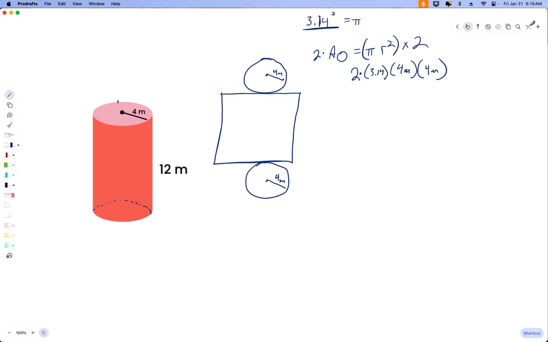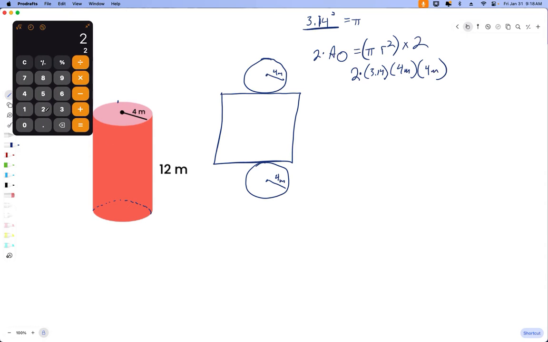So we just go ahead and do that calculation first. 2 times 3.14 times 4 times 4. That is going to be 100.48 meters squared. So this is the area of the circles.